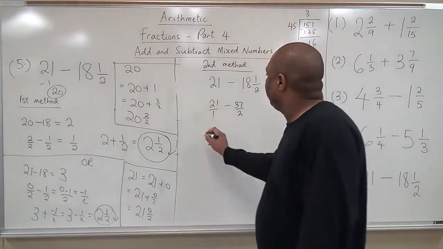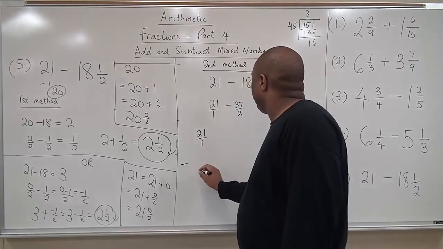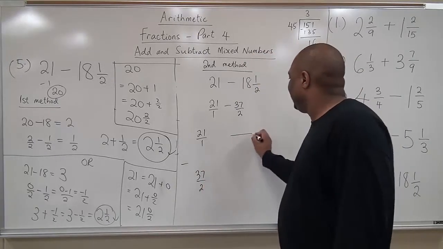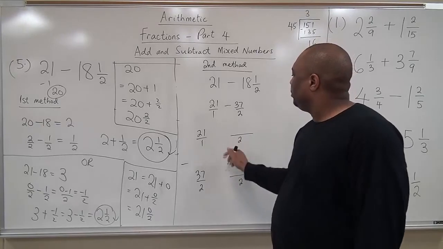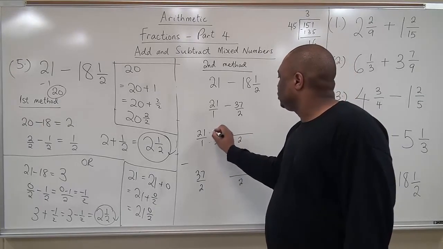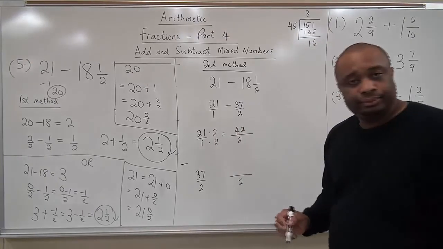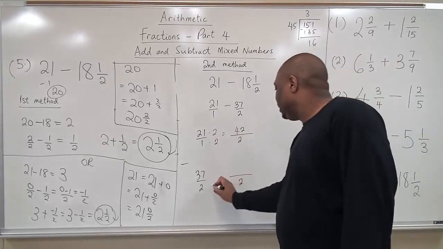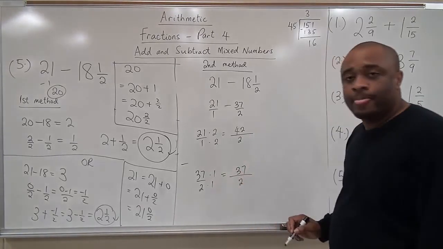Because I like writing this vertically, I will now have 21 over 1 minus 37 over 2. LCD is 2. We multiply this by 2, and this gives us 42 over 2 as the equivalent fraction. This will be times 1, and this is 37 over 2.